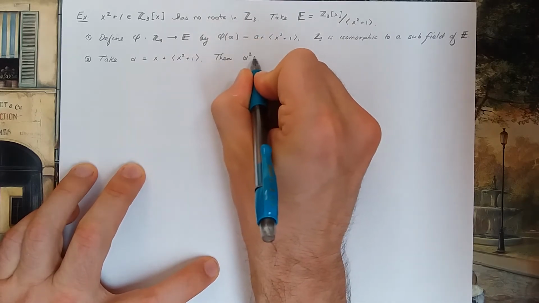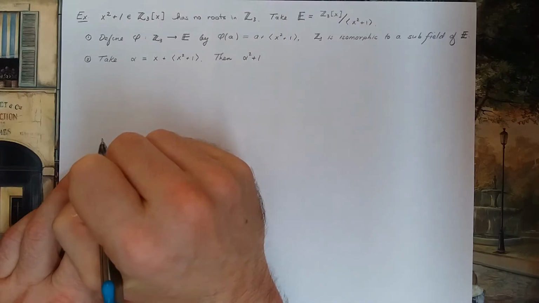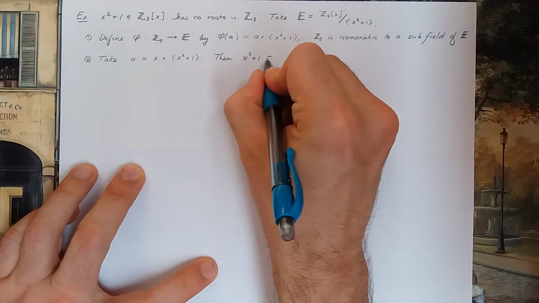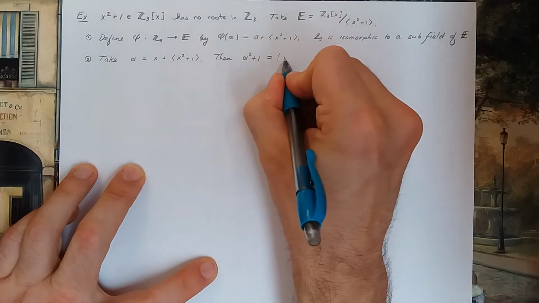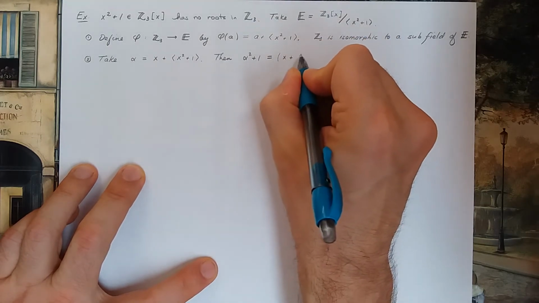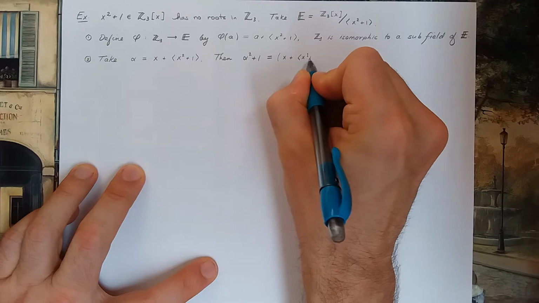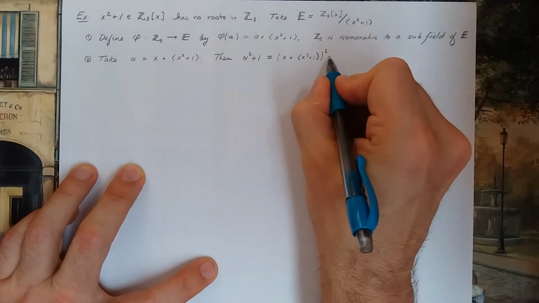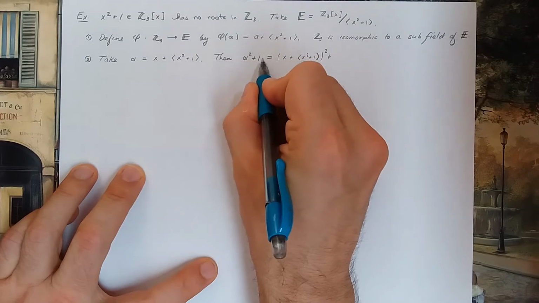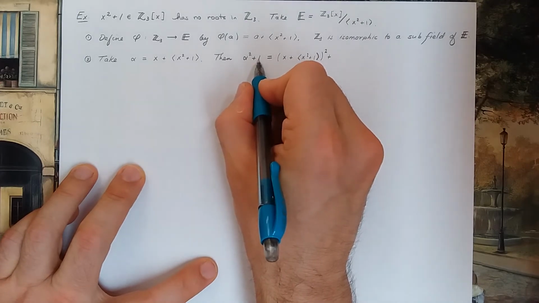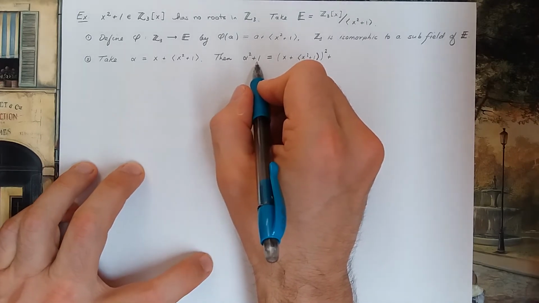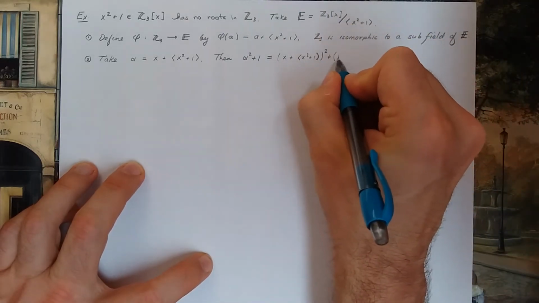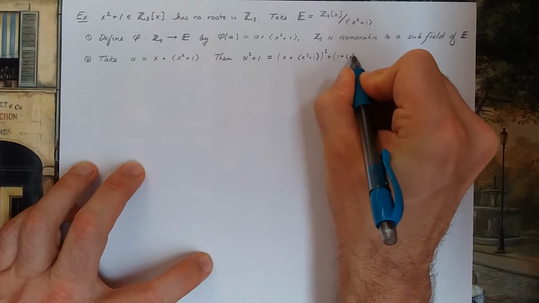If I calculate alpha squared plus 1, that's plugging alpha into my polynomial, I get the coset x plus the ideal squared plus 1. Now I wrote down 1 here. 1 is the multiplicative identity in the field. The multiplicative identity in this field is the coset 1 plus x squared plus 1.